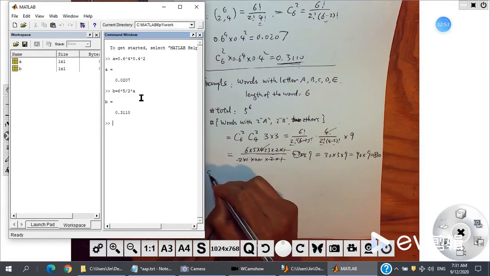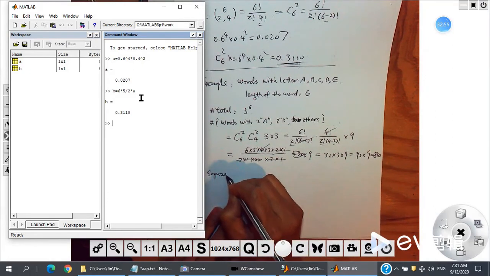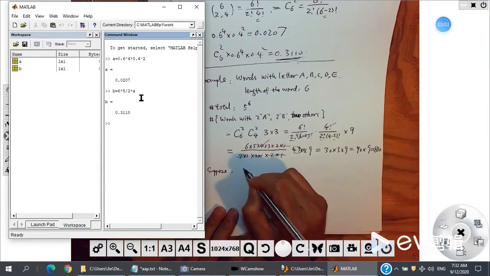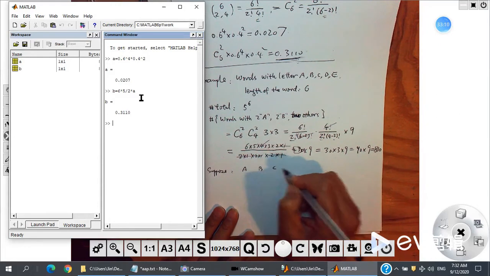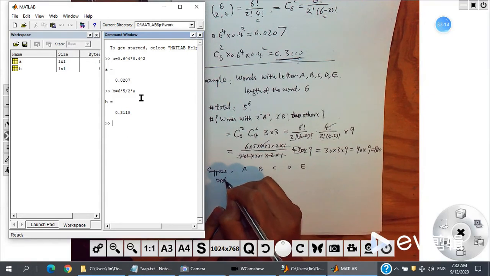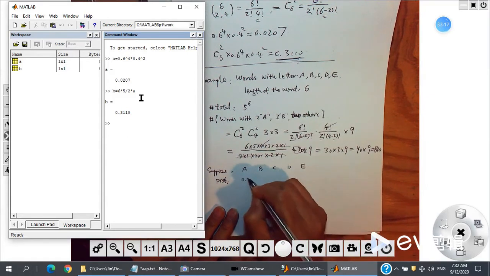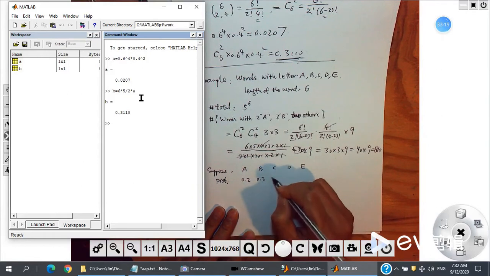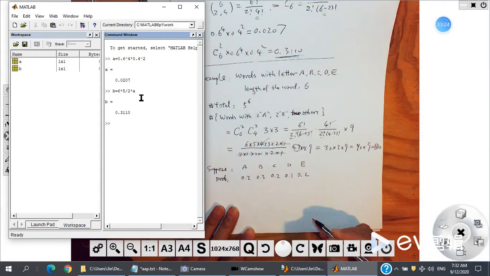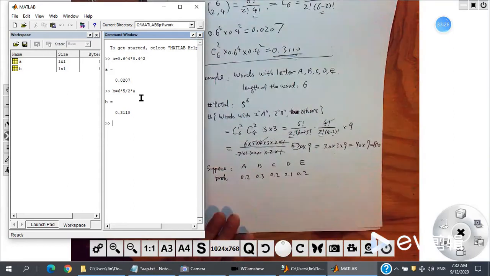Okay, now let's add the probability. Suppose we have a chance for A, B, C, D, E. I want A, B, C, D, E with probabilities 0.2, 0.3, 0.2, 0.1, 0.2. Totally 100%.